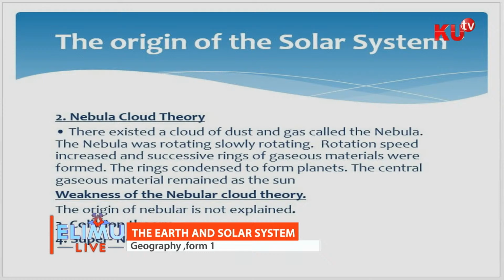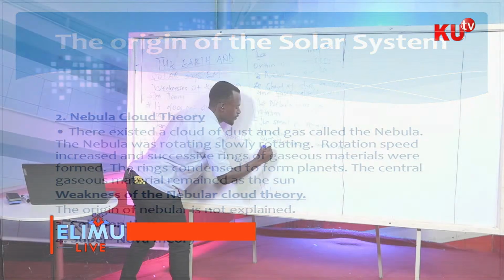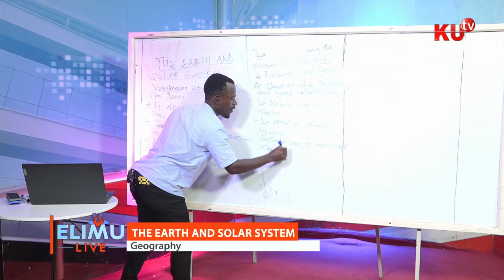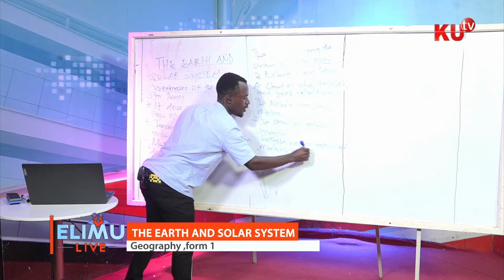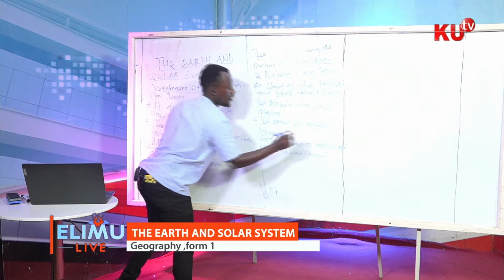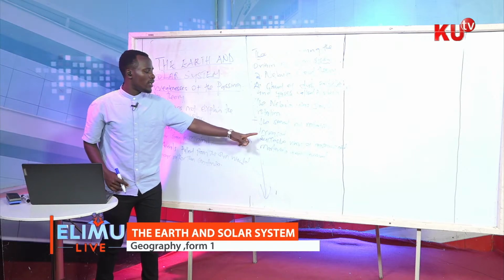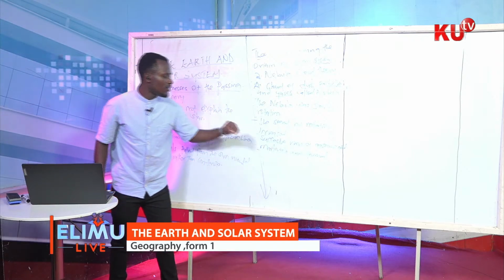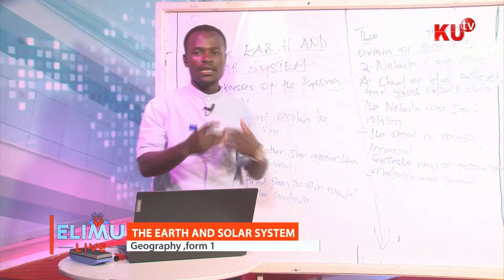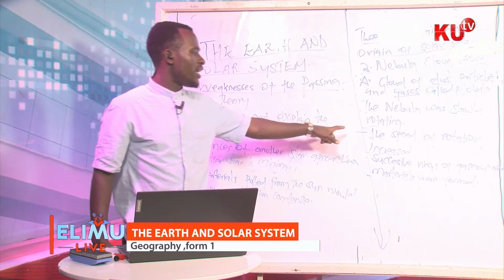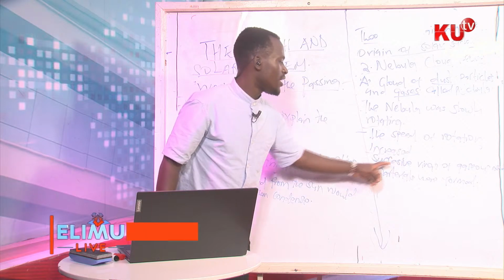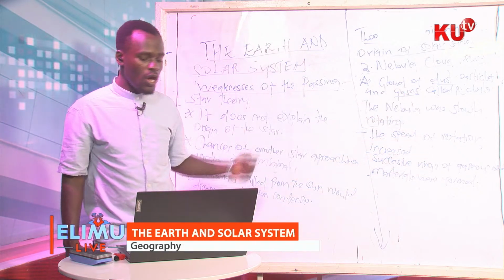So, as the speed of rotation increased, successive rings of gaseous materials were formed. These rings of gaseous materials were formed as a result of the increase in speed.